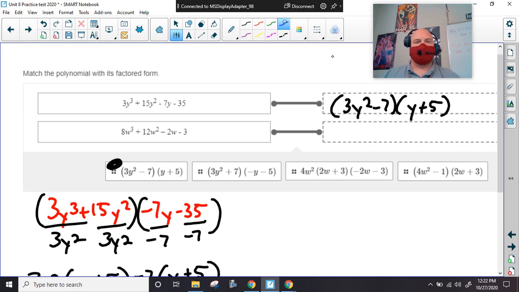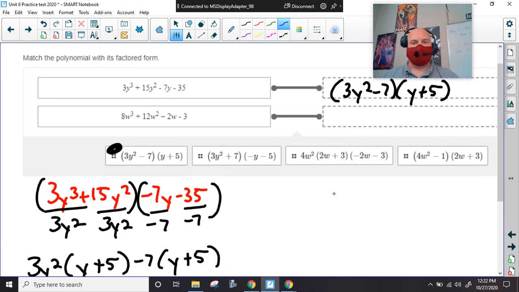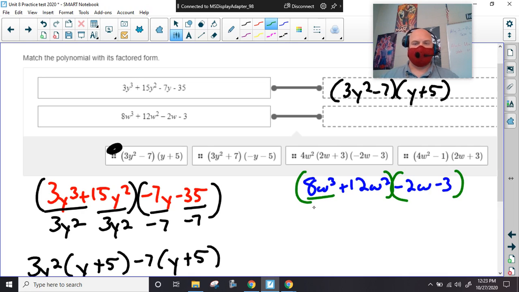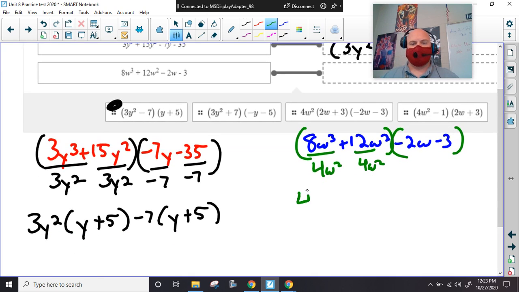All right, and if we did the second one, 8w to the third, 12w squared, 2w, 3. So 4w squared, 2w plus 3.